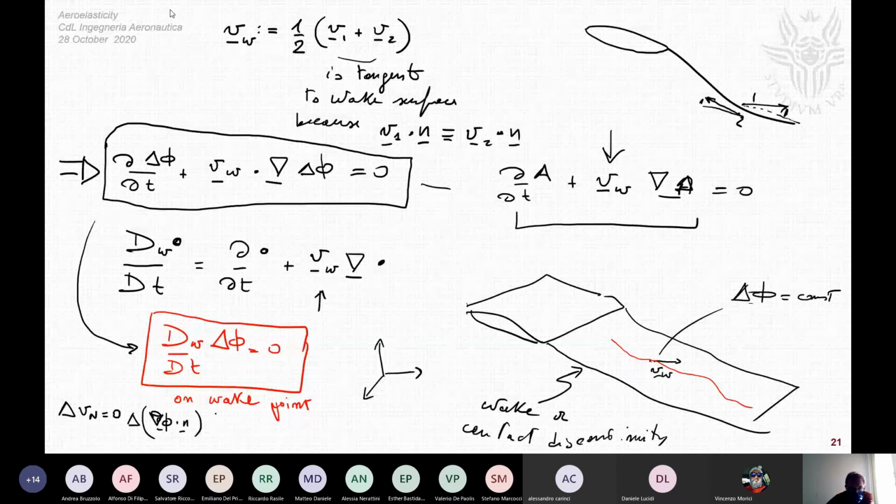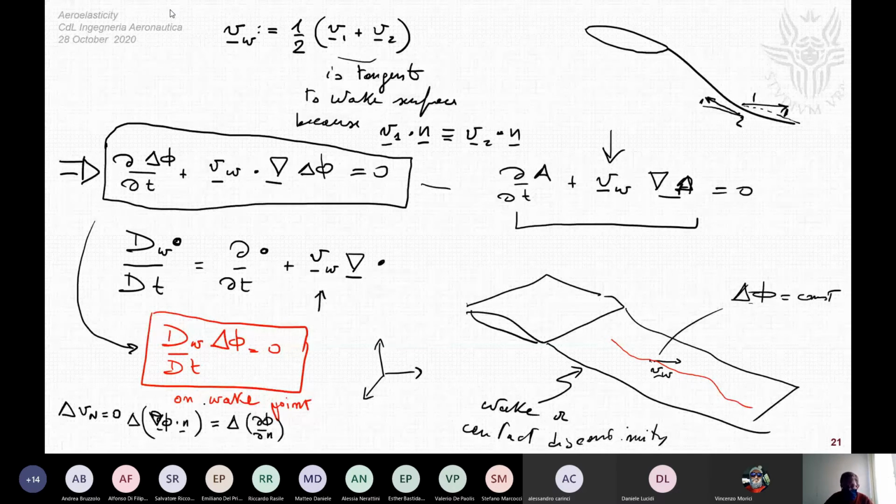The normal gradient is also indicated with d phi on the n.